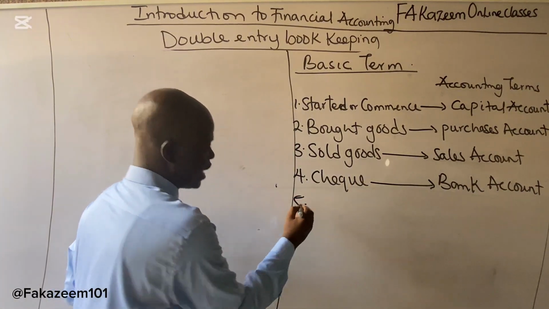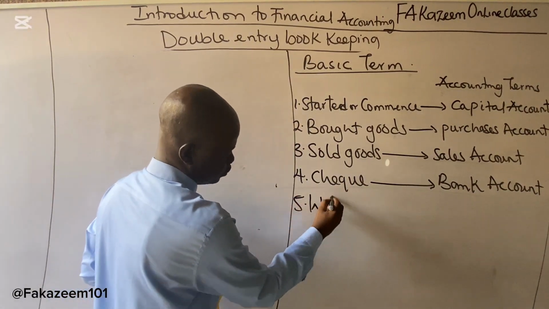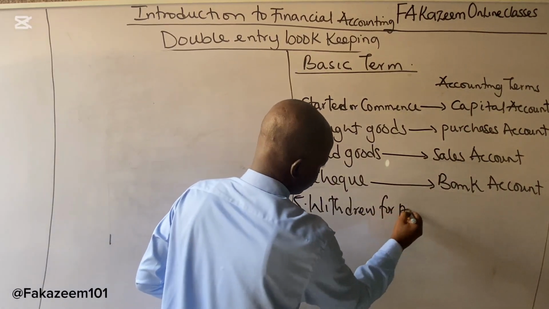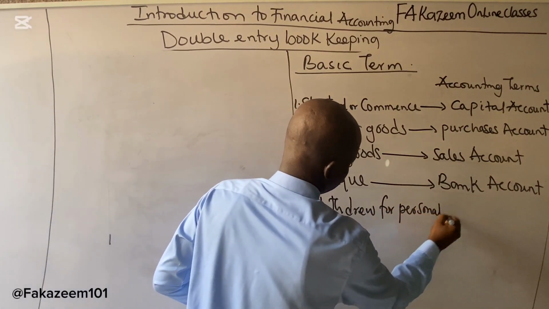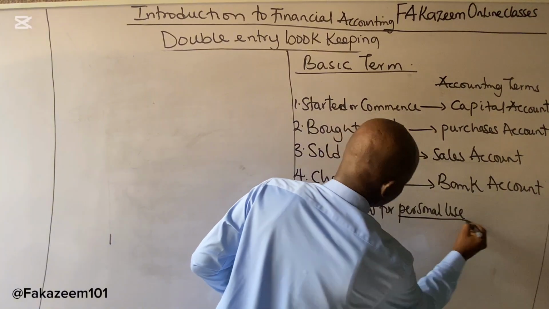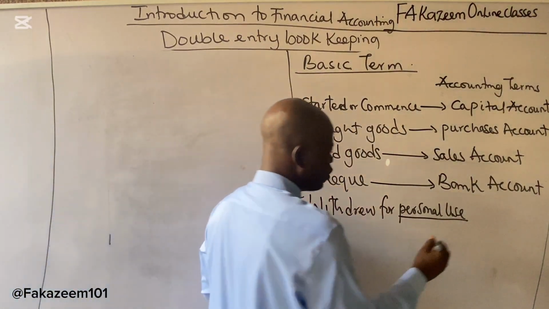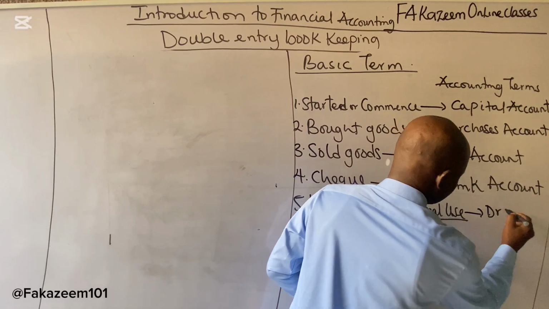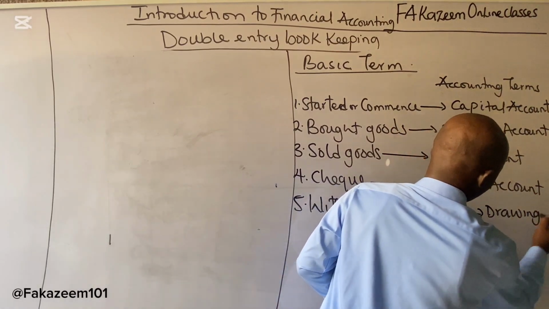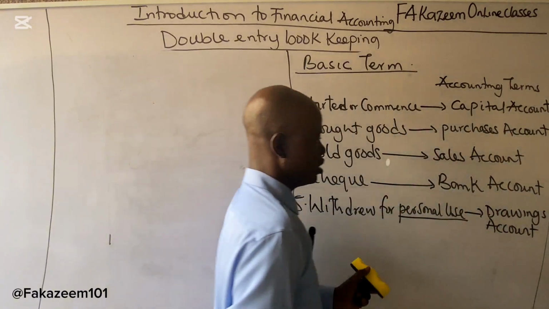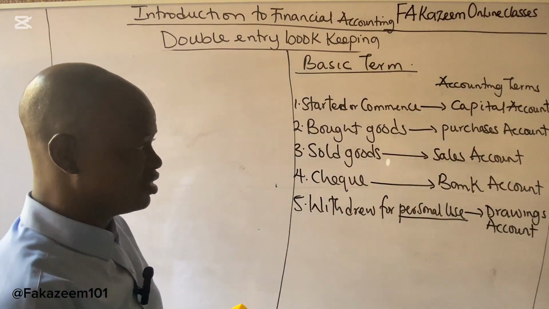If we now give you words like withdrew for personal use, look at the words I underline. Anytime you see the words personal use, what you are going to write in your solution will be drawings account.